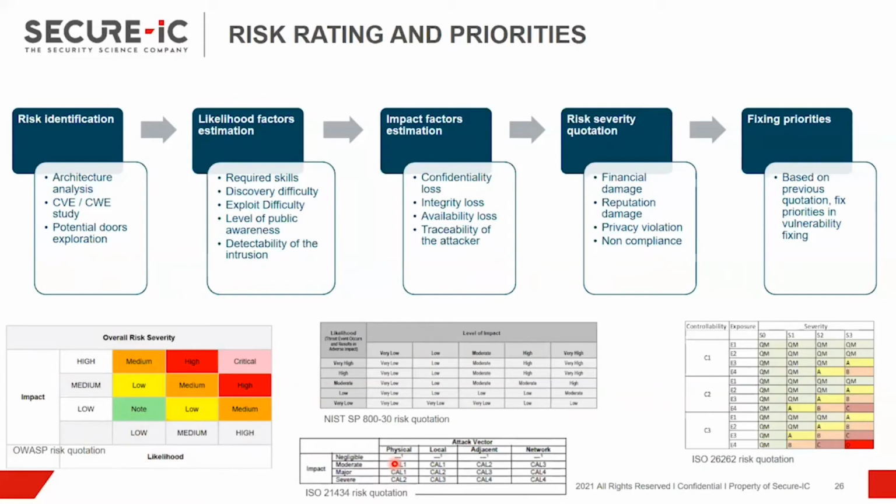Then, based on this quotation, because unfortunately it is not possible, or really complex in terms of time and money, to have a 100% secure product, the idea is to make the priority to define the vulnerability, the threat and the attack which will be mitigated, and so to define the good countermeasure to be associated in the product.